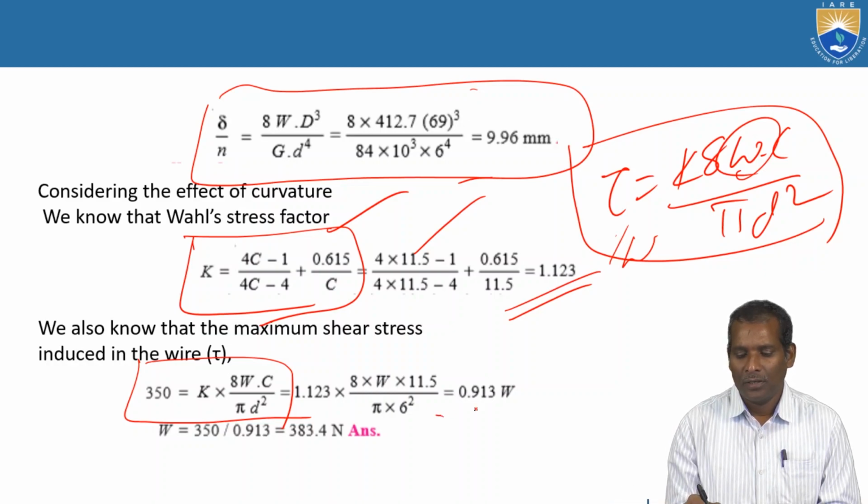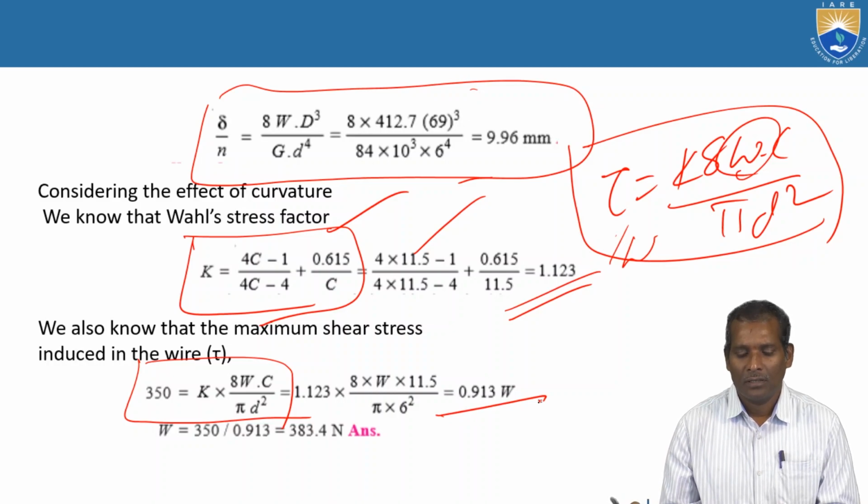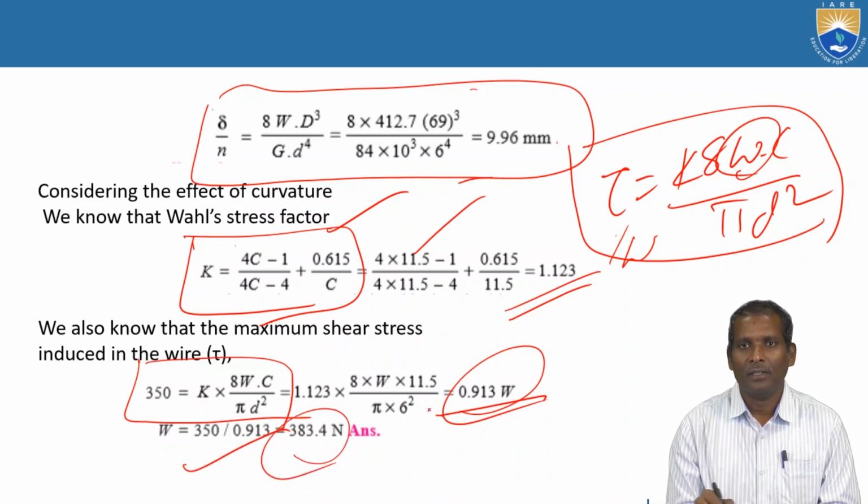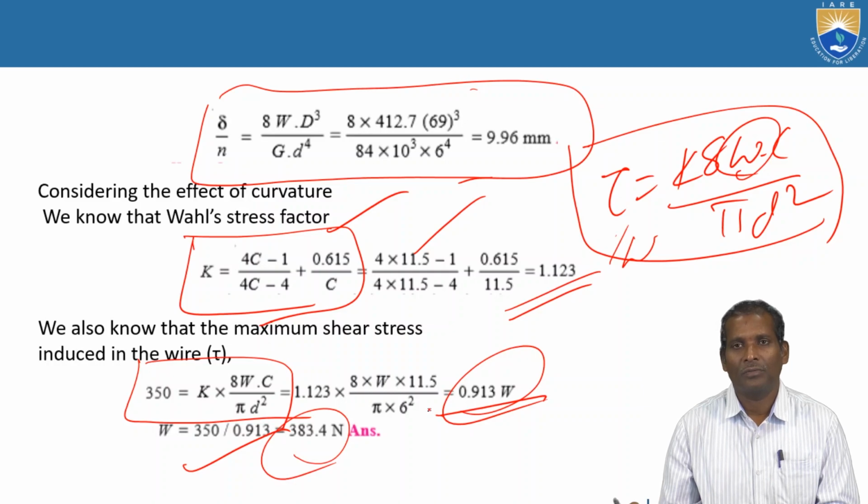You will get the shear stress in terms of W. Given the shear stress 350, calculate W, and we will get 384.4 Newtons.